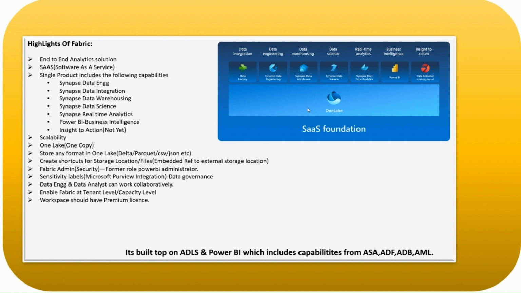Another important feature here is that you can create a shortcut for your external storage location inside your OneLake. All these services will use this shortcut to talk with the external storage location and external files. That's an additional important feature Fabric has.